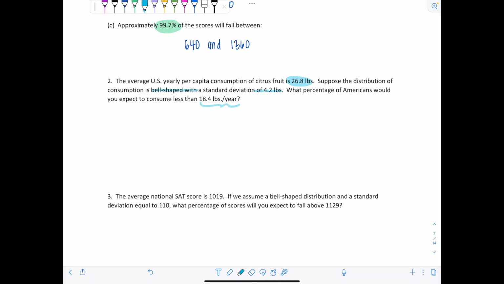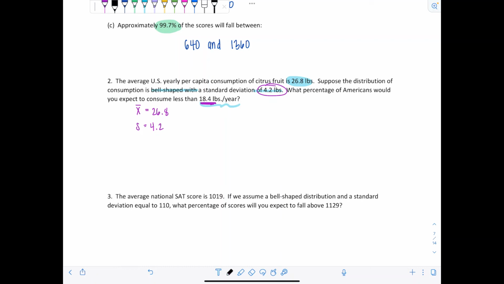Okay, don't get overwhelmed. Don't zone out. You can do this. So average consumption of citrus fruit is 26.8. That's my X bar. And then they told me it's bell-shaped. Here's the standard deviation. So S is 4.2. And they want to know what percentage of Americans would you expect to consume less than 18.4 pounds per year?